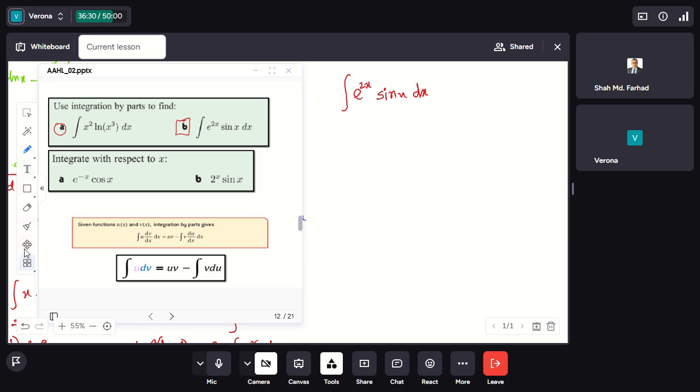Which one will be u here? Sine x as u, and then e to x dx will be dv.